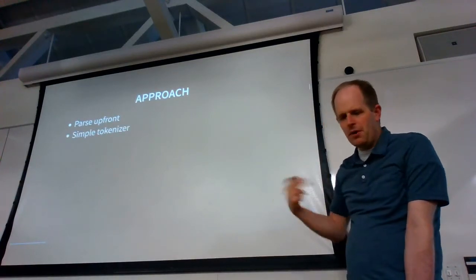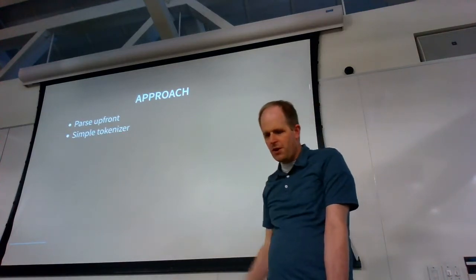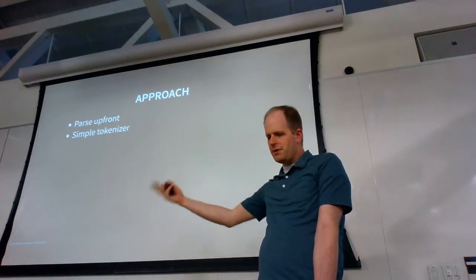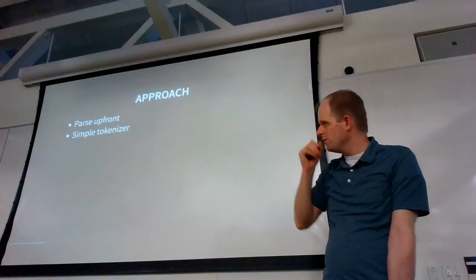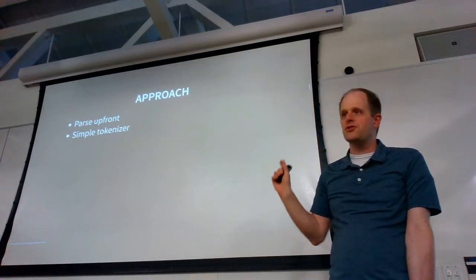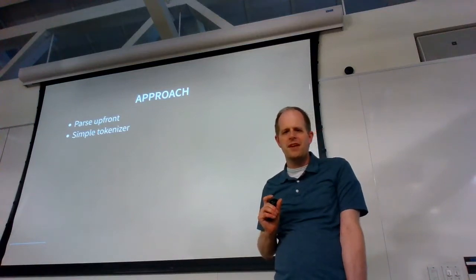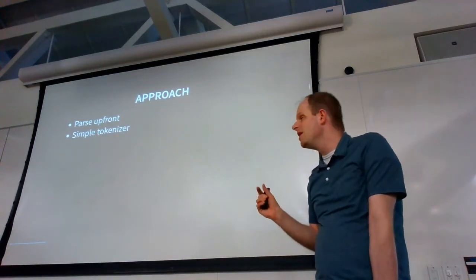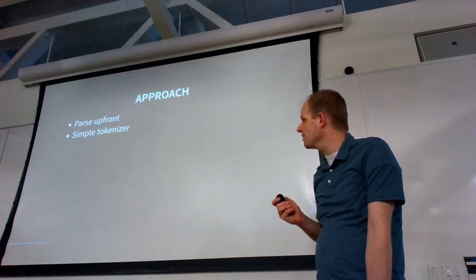I have a simple tokenizer, just a function that chews through and understands enough about how you lex in the context of this language to pull out the tokens as strings. Then I have a couple of things that are syntactically disallowed that I use as markers for end of line and things like that.